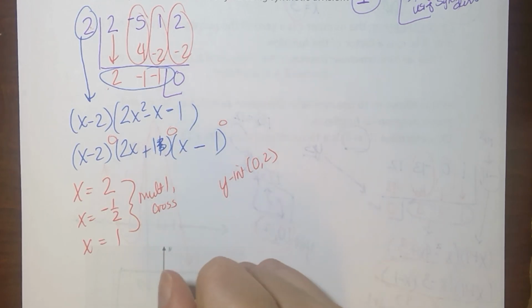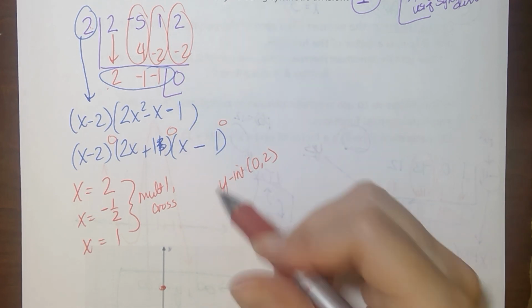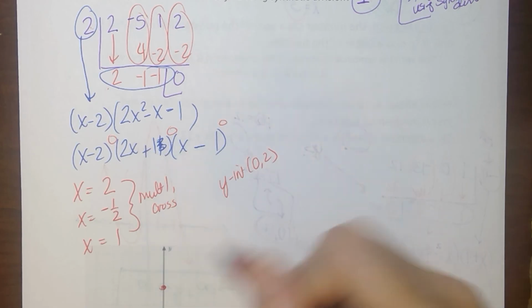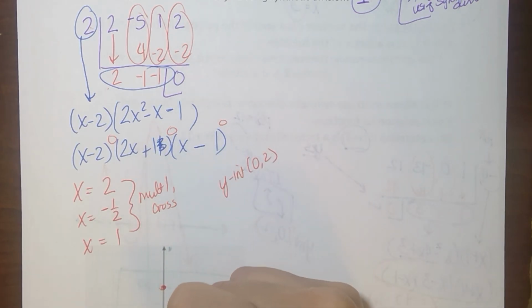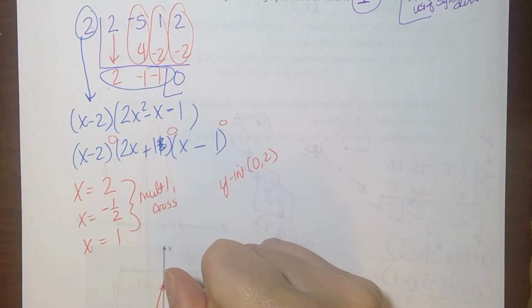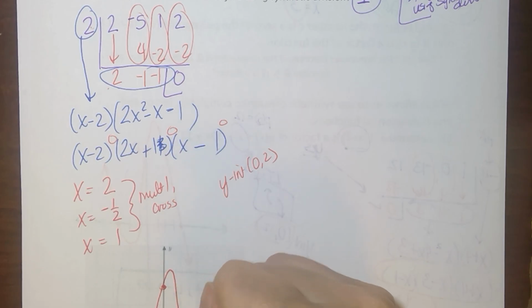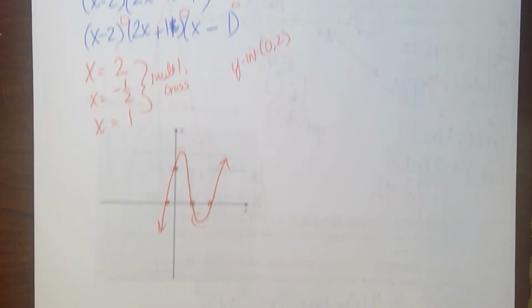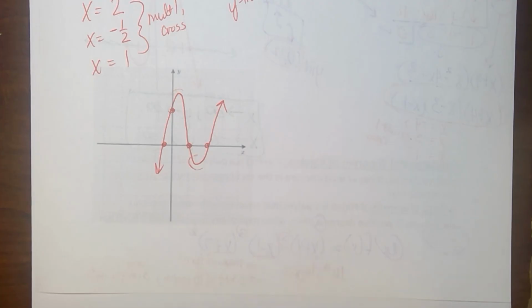I have a y-intercept at (0, 2). So we're going to start low according to our end behavior. Cross, cross, cross. I know I have a relative maximum here somewhere. I have a relative minimum here somewhere. Not sure about the values, but that's okay. I'm sorry, I didn't have that up where you could see it well.